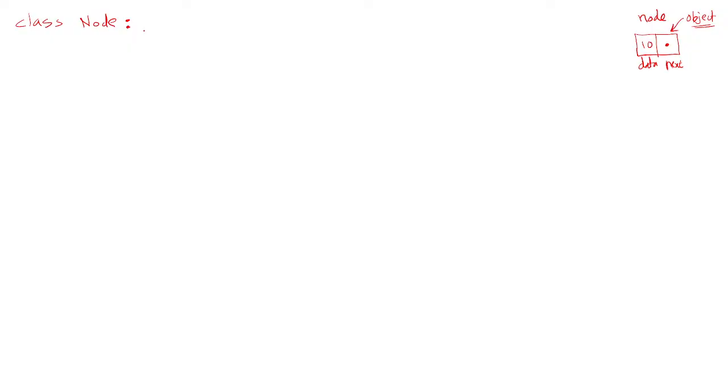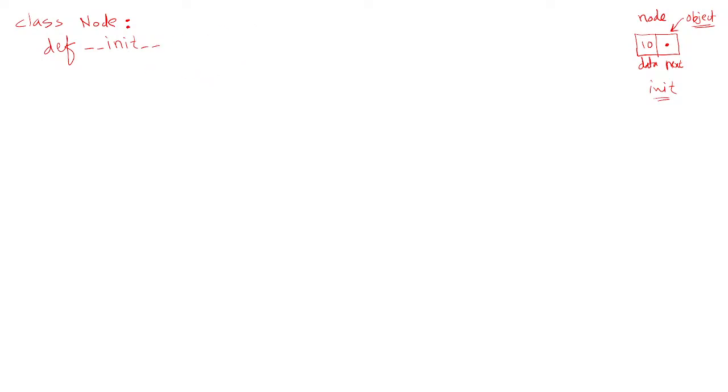Then what we need to do: whenever a node is created, it should be created automatically. Automatically means the constructor must be called. So what is the name of the constructor in Python? It is the init method. So we will define the init method here, def __init__, which creates the node.